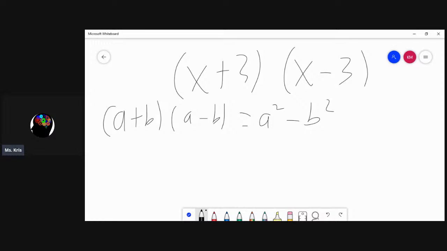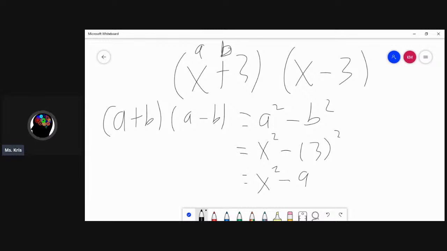So based on the rule up top, this is my a, this is my b, plugging into the difference of squares formula, a is x, so that's x squared, and b is 3. Therefore, the 3 is being squared. So it's x squared minus 9.